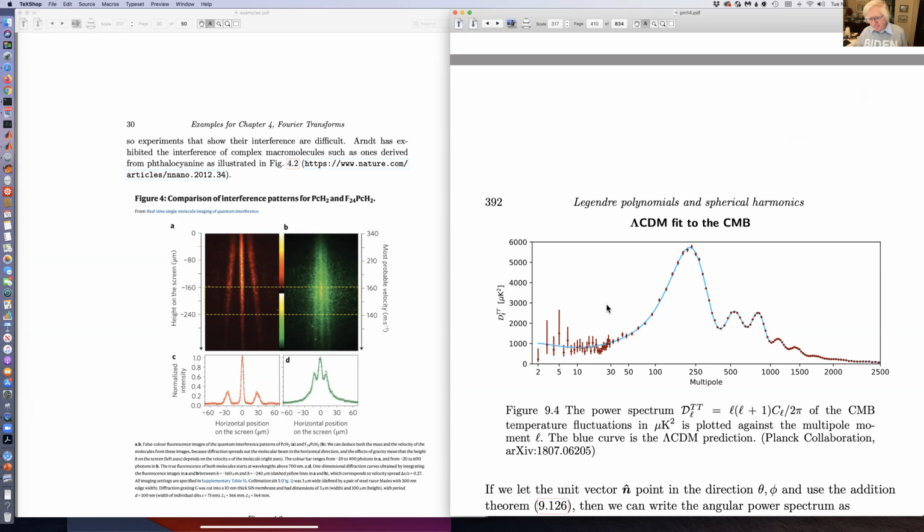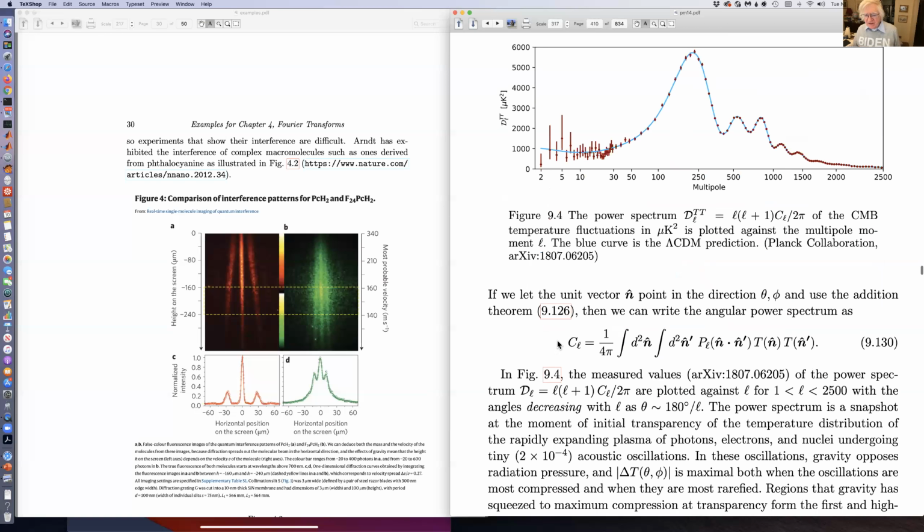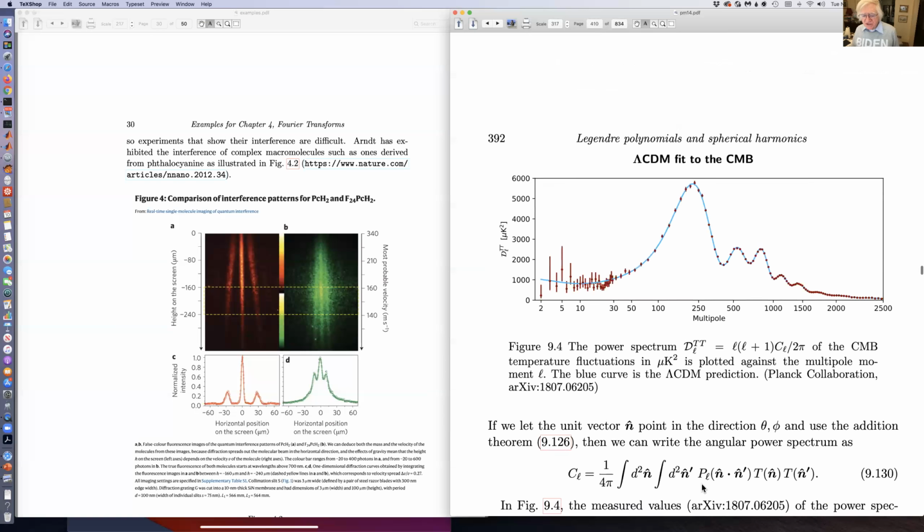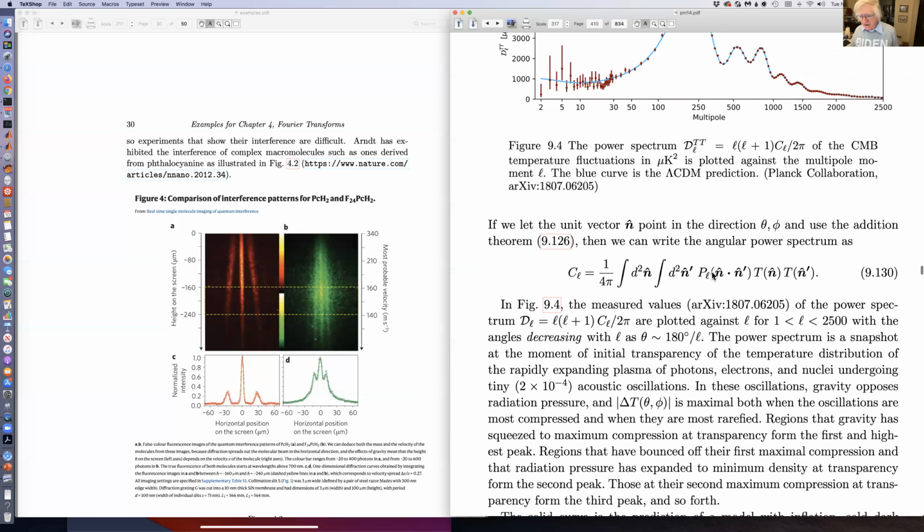And so just for statistical reasons, these errors start to grow larger here. At any rate, if you combine these various definitions together, you see that C sub L is 1 over 4 pi, double integral over the whole sphere, a Legendre polynomial, and then the actual observed temperature at the 2 different points on the unit sphere.